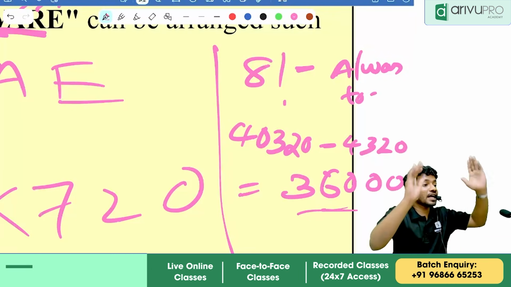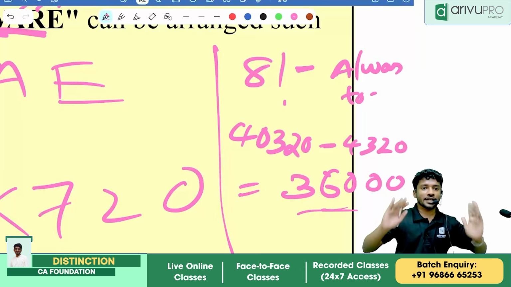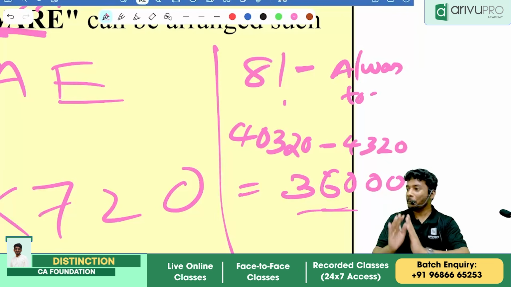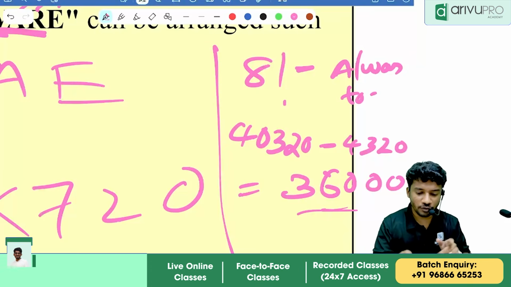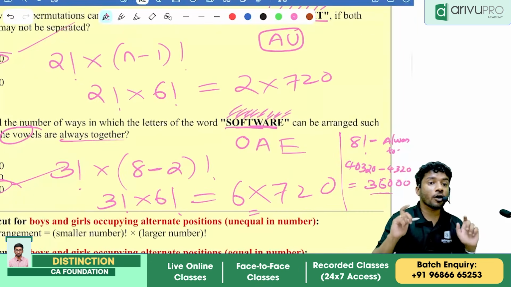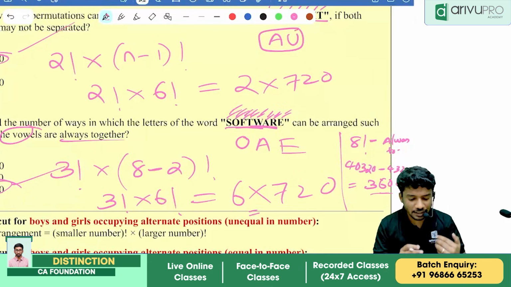Understood? Whenever they ask for never together, take the total arrangement minus always together. Don't study new formulas for this, and we will study this again in probability. That time I will explain it again.